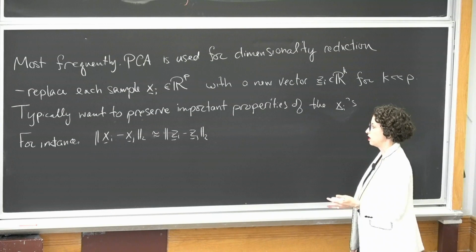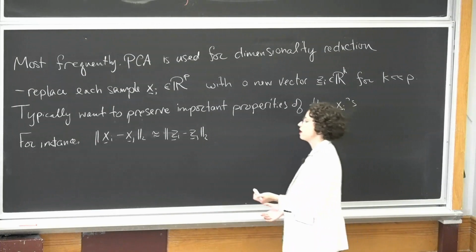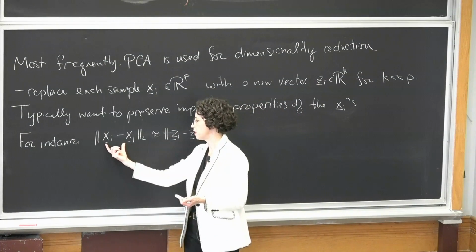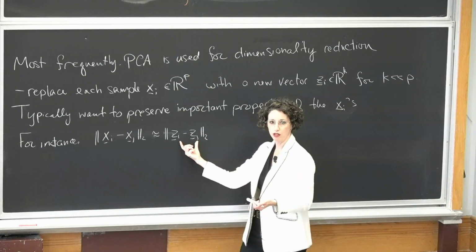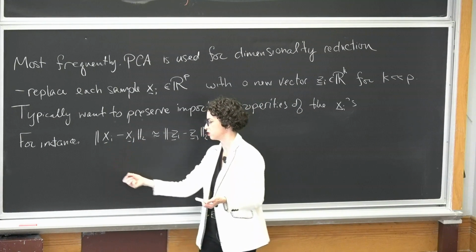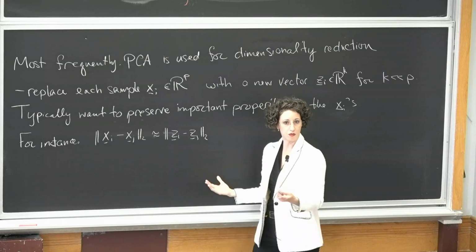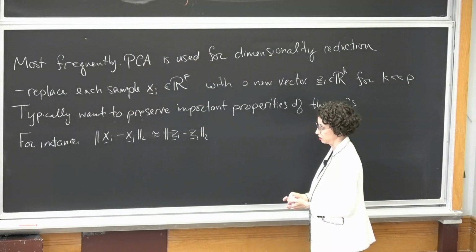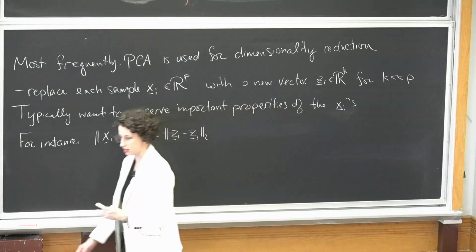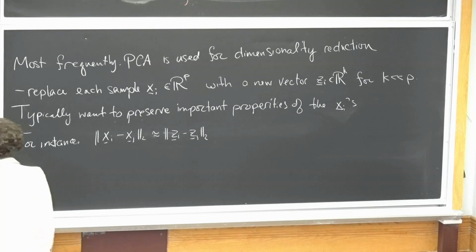So even though the actual vectors are different, they're still keeping the same structure. If points are similar in my original space, then they're similar in my new space. And if they're really far apart and dissimilar in my original space, then they're far apart and dissimilar in my new space. Okay, and so PCA is going to be a tool that can allow us to do this dimensionality reduction.